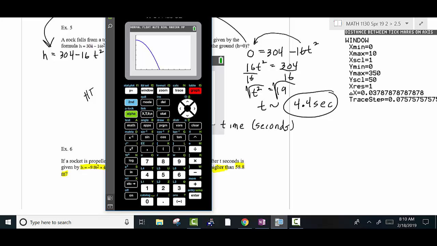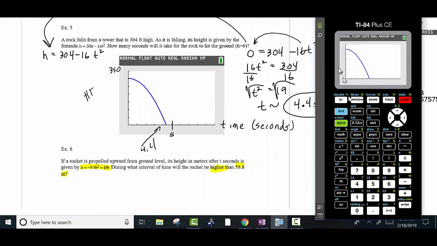Same idea. Let's put this in the calculator. You can erase what we had in the last problem. So we'll have negative 9.8, and that would be t squared, so we'll use x squared, and then plus 49t, so we'll put in 49x.